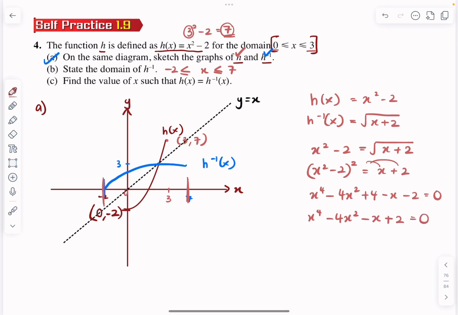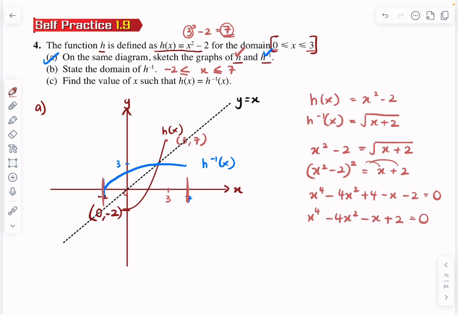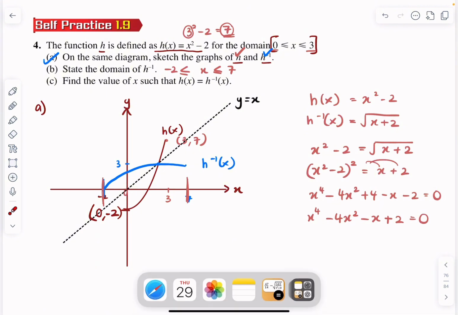So this is an x to the power 4 equation. We've never learned how to solve this. But what we have to do here is use the trial and error method. We know the answer for this should be below 3, or 3 or around that. So what we do is trial and error.